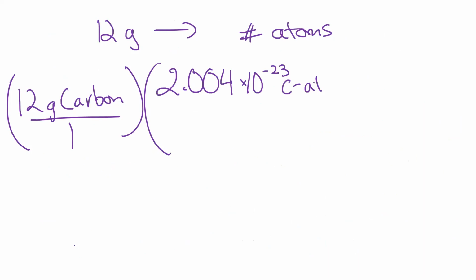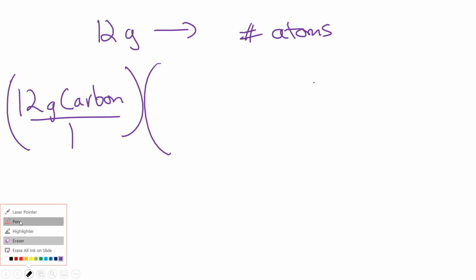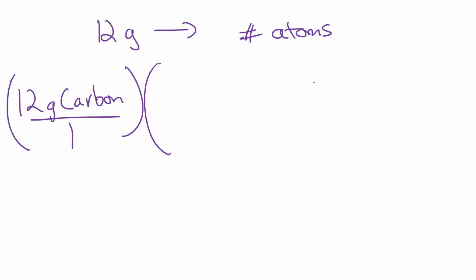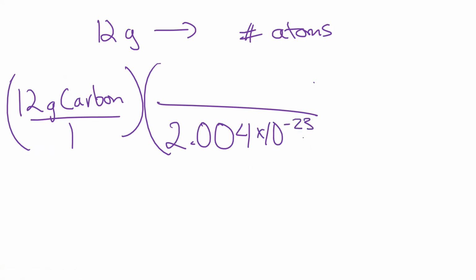Or no, sorry. That is where I'm going to make a mistake, because that's the mass. I need to look at my conversion unit. See how it's grams per carbon atom? Because it is grams per carbon atom, grams needs to go on the bottom. So 2.004 times 10 to the minus 23 grams of carbon. And I know this because I need to get my units to cancel.